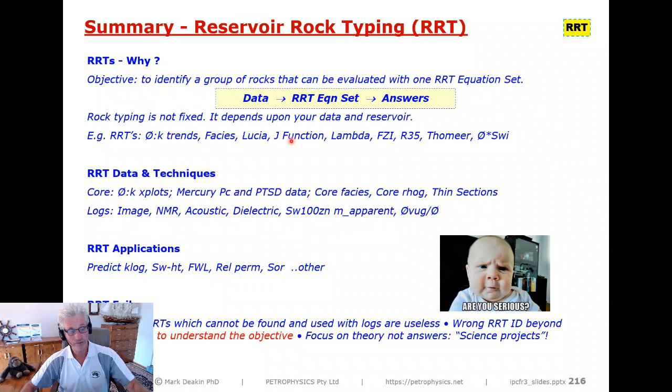If I find that when I pump it through that J function, I get really wrong answers, I say, oh, I can't really put that in the rock type. I've got to have another J function for that rock. So that's how I normally do it, because a J function does, of course, include three of the primary things that we need: porosity, permeability, saturation, and height. So four of the things that we need are in that equation. That's why it's such a powerful equation.